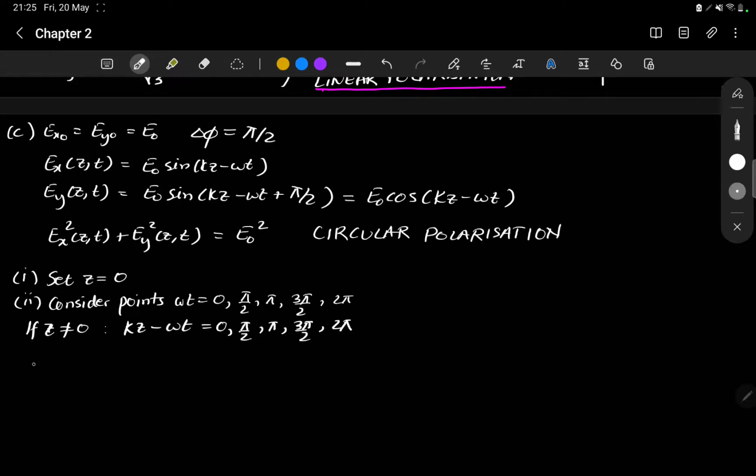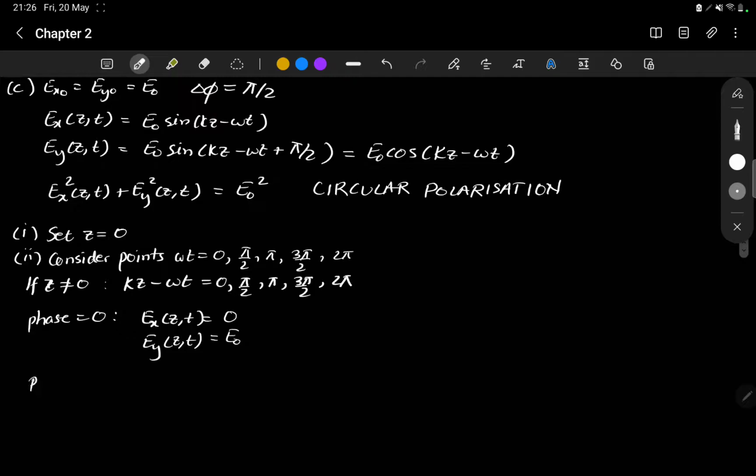So at phase equal to 0, we have Ex equal to 0, Ey equals to E naught.